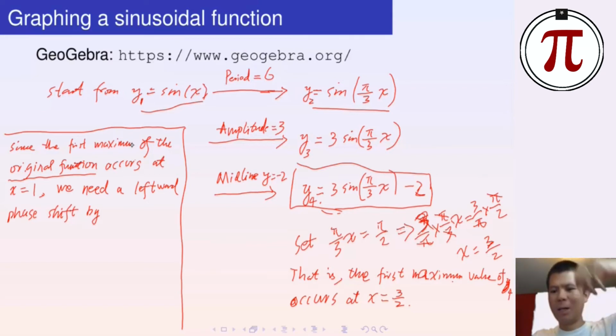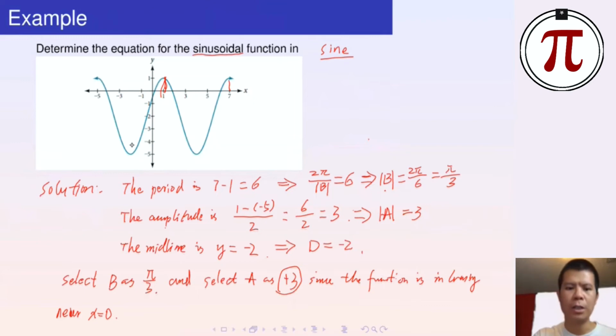Say the first maximum value of y4 occurs at x equals 3 halves, right? But the first maximum value of the original function, as we can see here, occurs at 1.